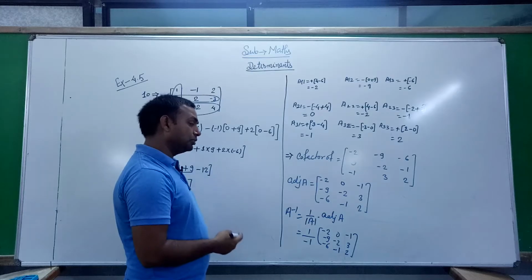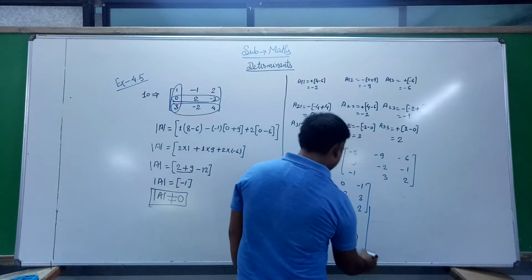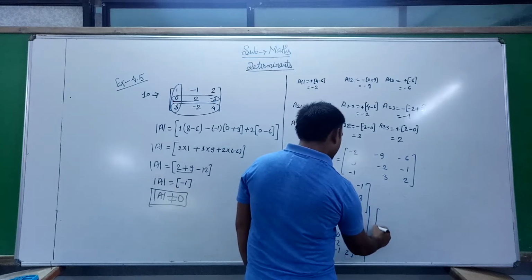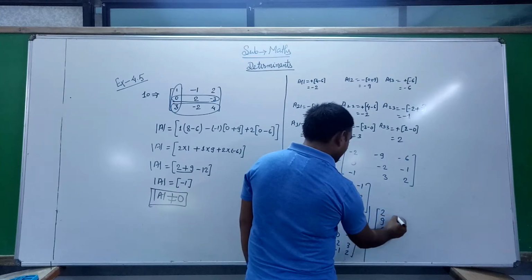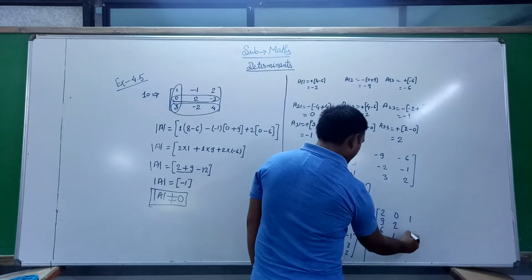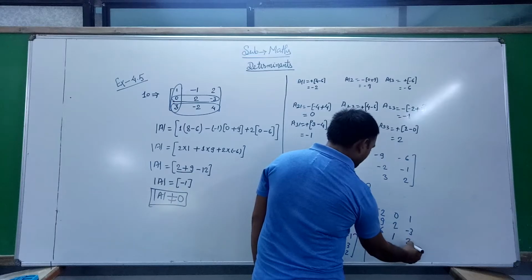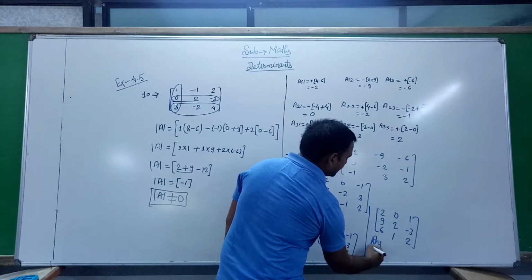To change the sign, you multiply with the negative sign, so this is converted into 2, 9, 6, 0, 2, 1, 1, minus 3 and 2. This is the value of A inverse and that is the answer.